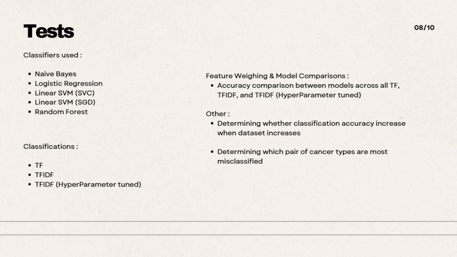There were already linear models like logistic regression, which do the same thing and are much more effective and efficient. Also, the test results weren't very satisfactory, so we didn't use it later on, only on the first part, which is the TF one. And these are the feature weightings, which are TF, TFIDF, and TFIDF with hyperparameter tuning.